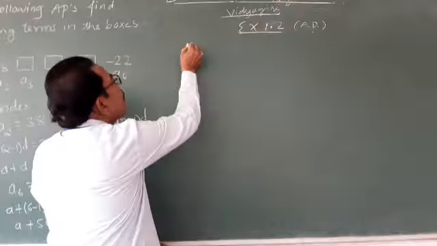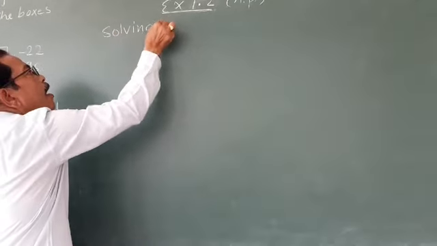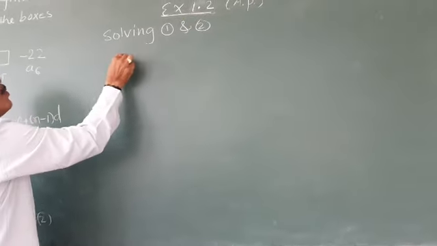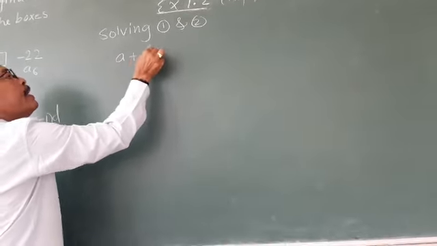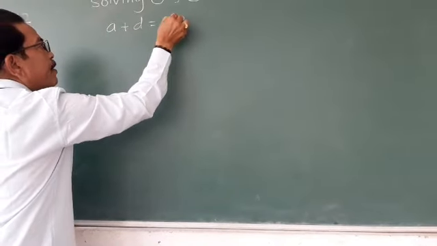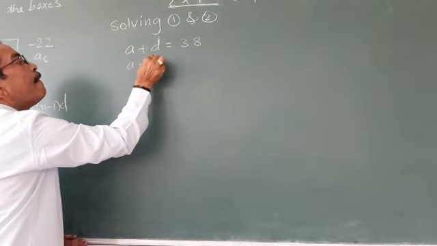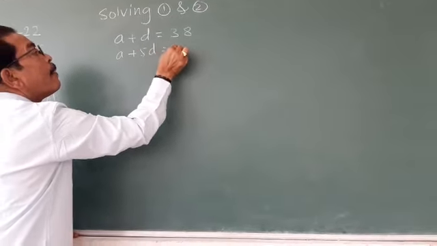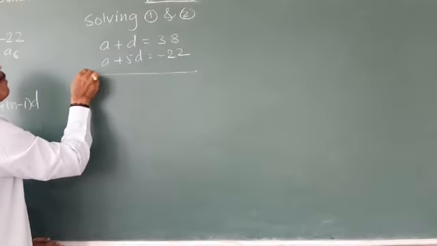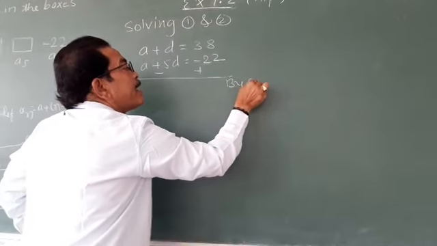Solving one and two equations: a plus d equals 38, then a plus 5d equals minus 22, by subtracting.